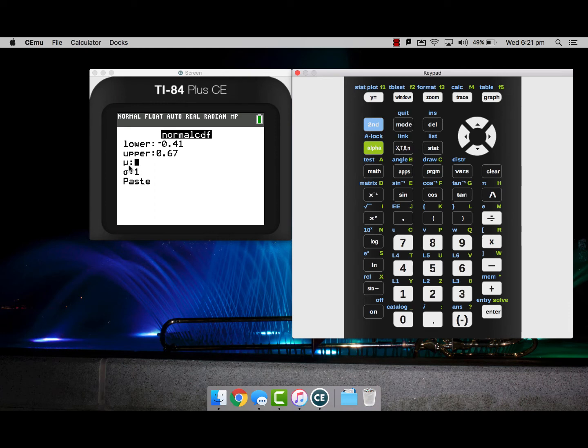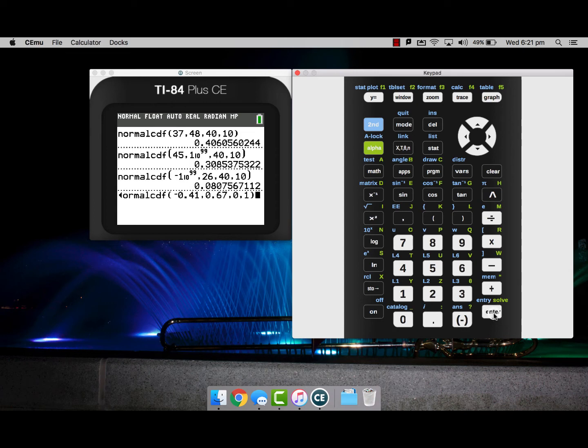Our mean, because we're using z-scores, is 0, and our standard deviation, because we're using the z-distribution, is 1. Enter, enter, paste, and it should come up like that. Enter, and we get roughly 0.408.